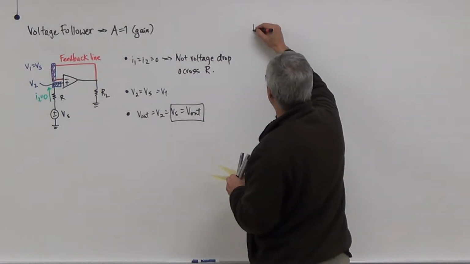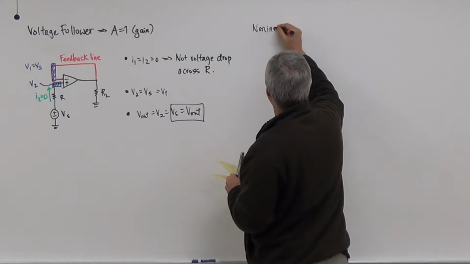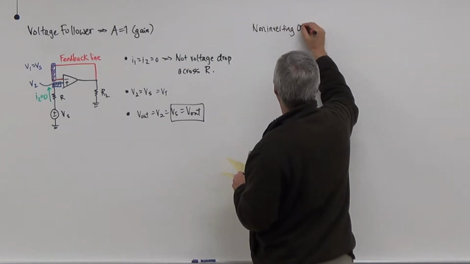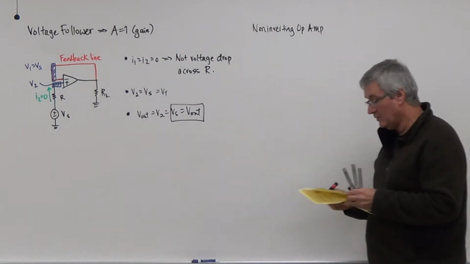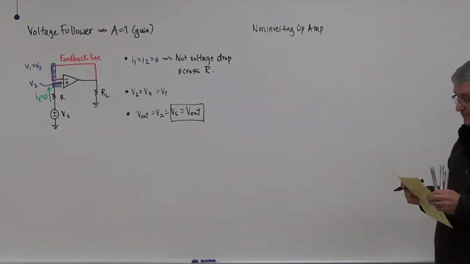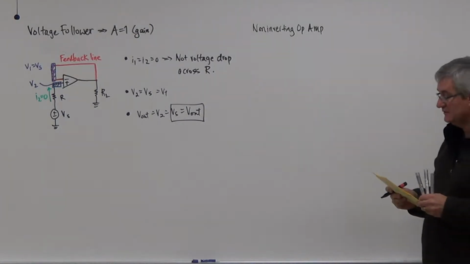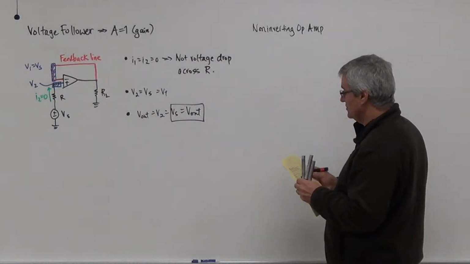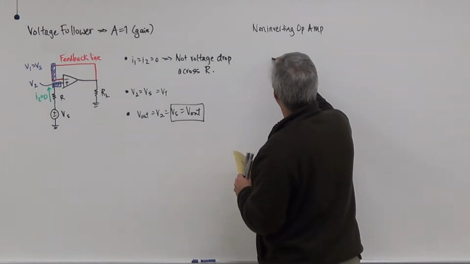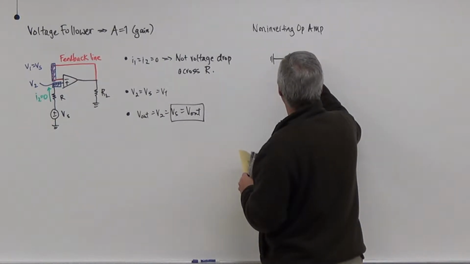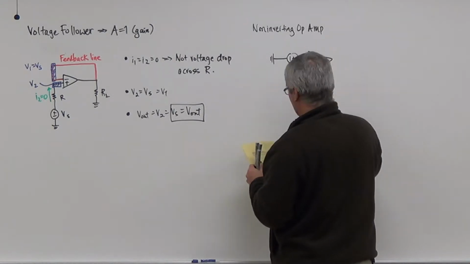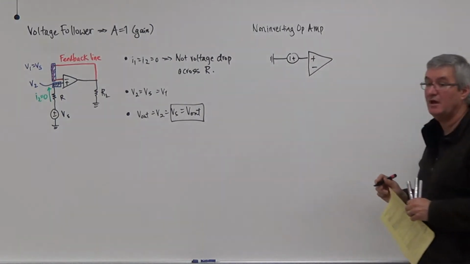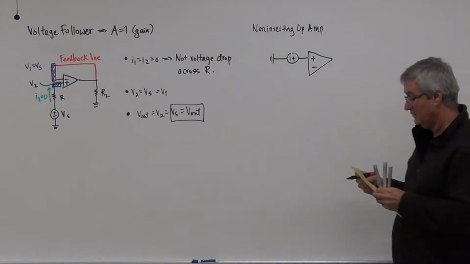Let's look at another example about a non-inverting op-amp. So when I look at this, I'm going to draw this circuit in a way that's not the common way that we look at it. I'm going to put the positive up at the top instead of the negative.